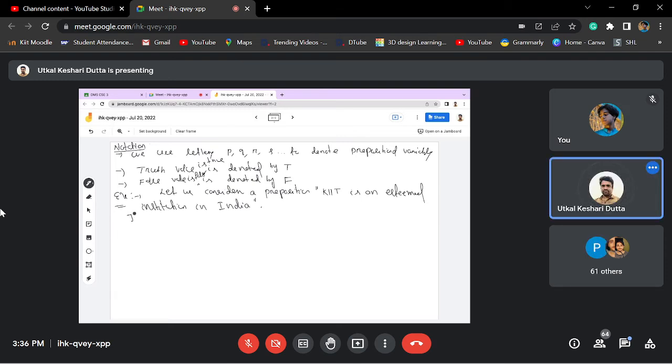That means this can be written in terms of a variable, a propositional variable or statement variable. You can use notation small p, small q, small r, small s, small t, like this, and then write the statement.